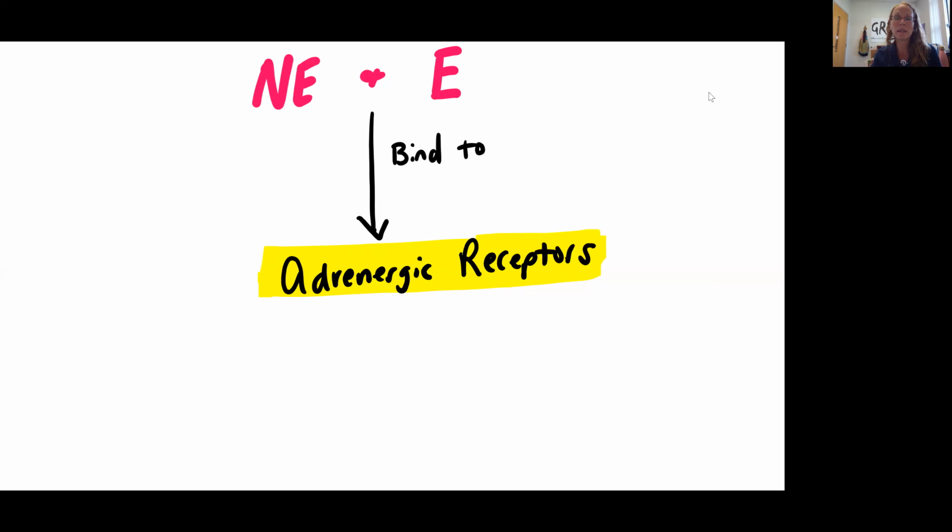So any synapse that involves the release of norepinephrine and epinephrine is called an adrenergic synapse, and any receptor that binds norepinephrine or epinephrine is called an adrenergic receptor. Remember, I mentioned epinephrine is more familiar to you as adrenaline. So that's how we're getting adrenergic. Think about that connection.